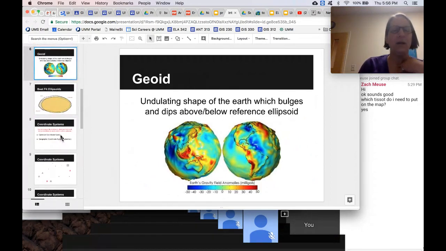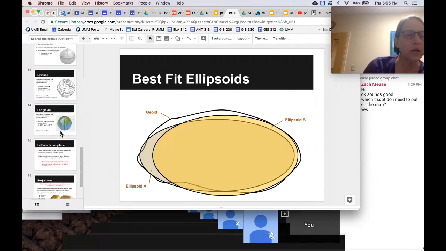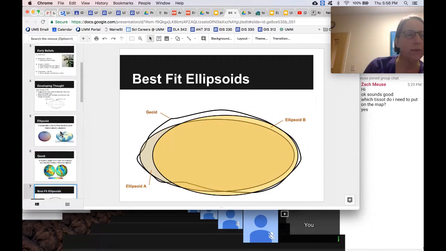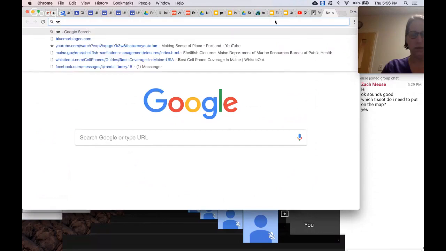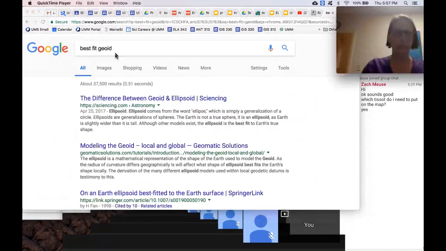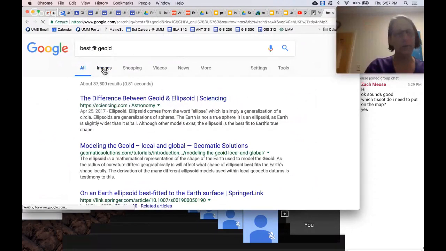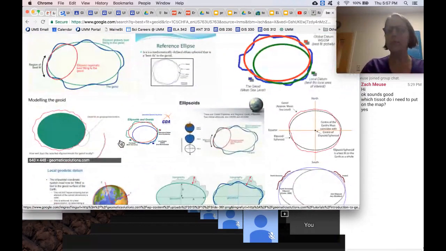So geoids, there's a really important element of geoids and ellipsoids. So a geoid, oh, this is a really crappy picture. That is just a crappy picture. Let me see. So best fit geoid. I'm looking for a better picture. Good.